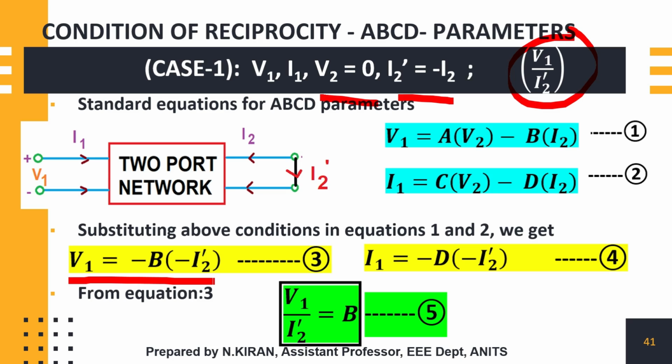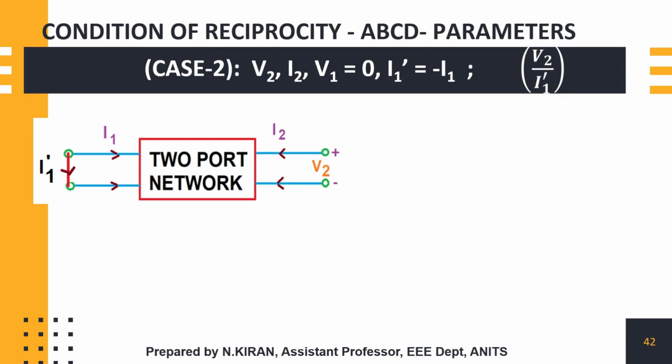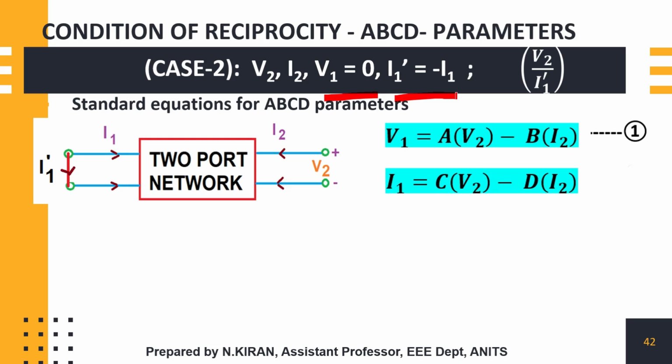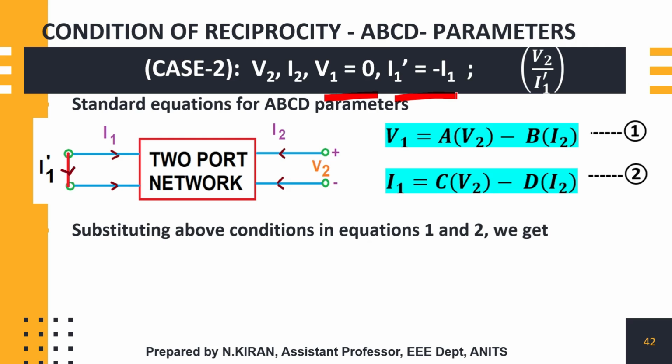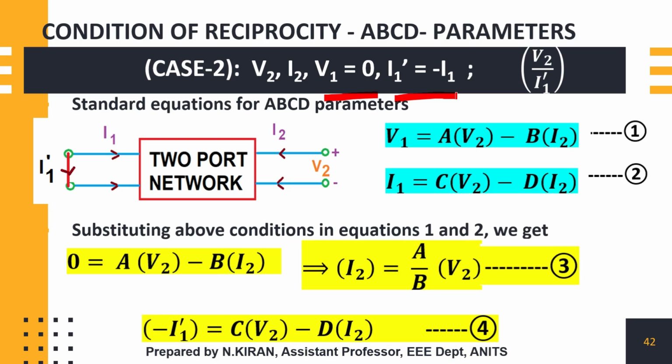In the second case, when I consider my excitation to be at the output port and response in the input port, V1 is equal to 0 since it is short circuited, and I1 will be minus I2 dash. Considering the standard equations of ABCD parameters as equations 1 and 2 and substituting the above conditions, the first equation becomes 0 is equal to AV2 minus BI2, and the second equation becomes minus I1 dash is equal to CV2 minus DI2.